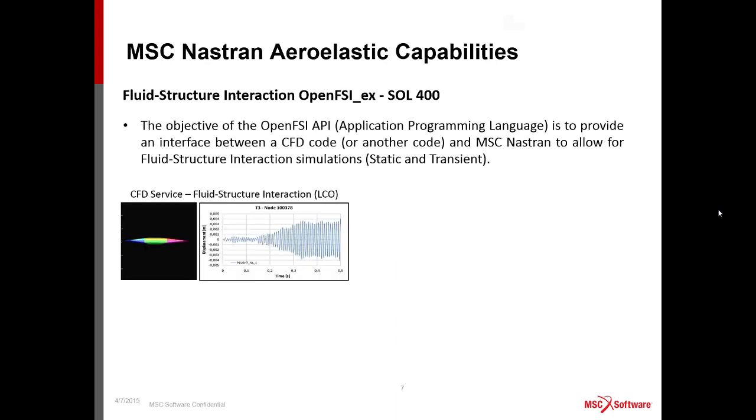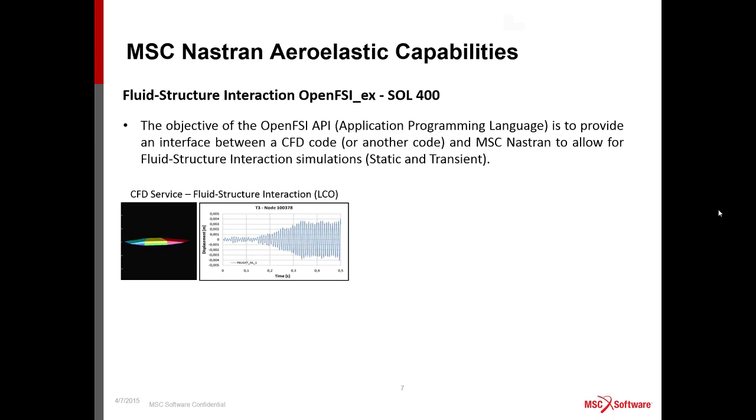Let's have a look at the OpenFSI SOL 400. This is something that we use to perform fluid structure interaction, okay? The objective of the OpenFSI API, the application programming interface, is to provide an interface between a CFD code, but even another external code, and MSC Nastran, to allow for fluid structure interaction simulation, okay?